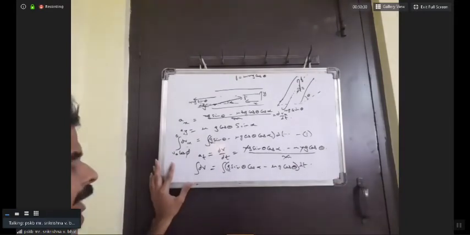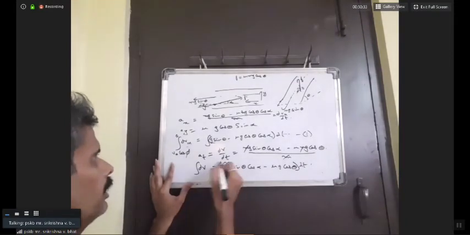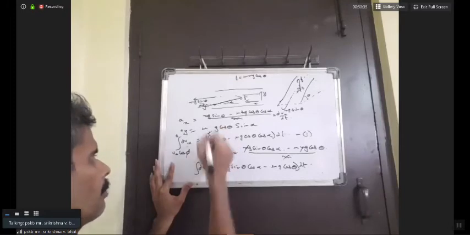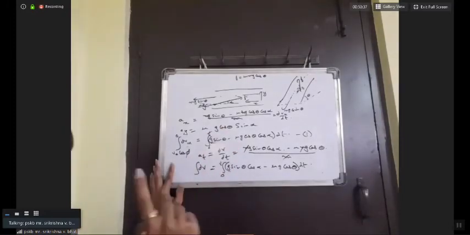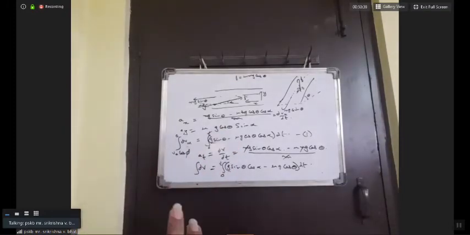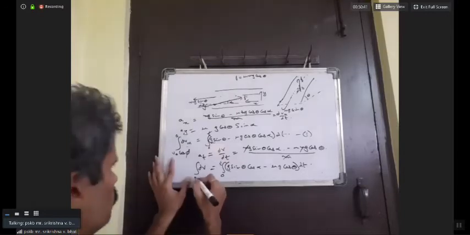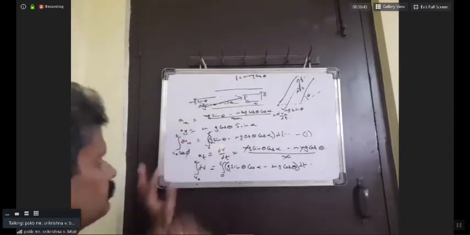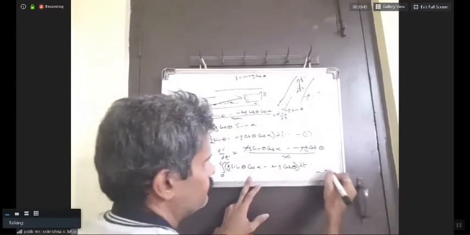And in this integration, we can take limits from 0 to t. Here also limits are 0 to t only. And here we can take limits in such a way that final velocity should be 0 and initial velocity is v naught. So limit should be v naught. So this is the second.